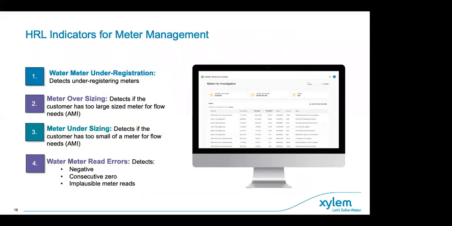So things that Hidden Revenue Locator looks for and will inform you about is, number one, is your meter under registering? And Ian already described a little bit of this issue. This is due to mechanical degradation of the meter itself. There are so many different variables as to why a meter may not be functioning correctly anymore. No two meters share the same experience once they're installed, once they're put in the ground.